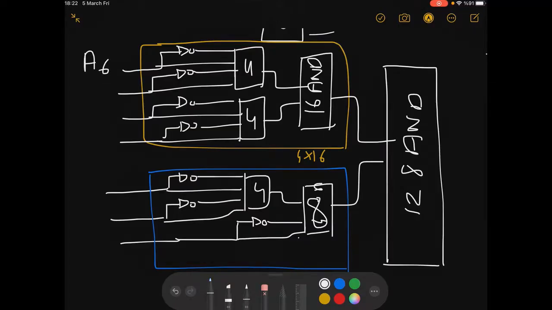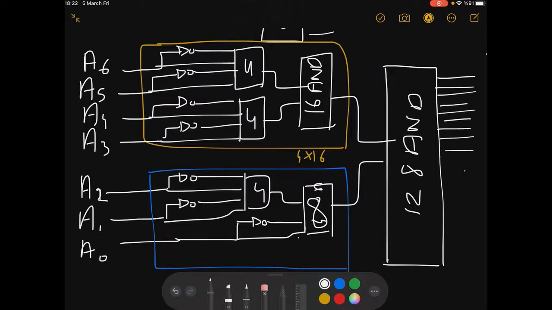Okay, all right. So what I have here will beautifully look like this. You will have your A6, A5, A4, A3, A2, A1, and A0 inputs here, and this will be your 128 outputs here.